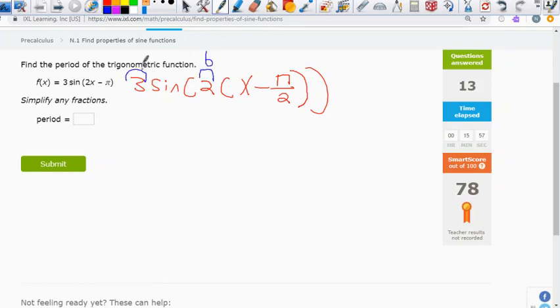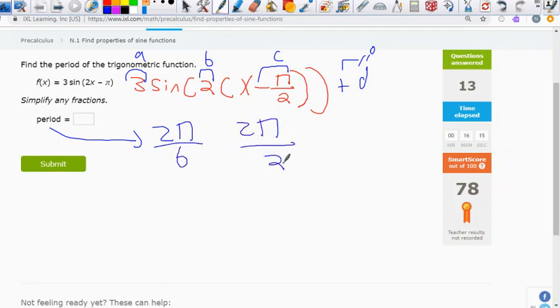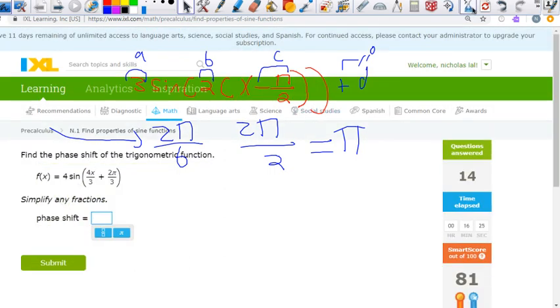This term is a. This term is c plus d, but d is equal to 0 in this case. But our period is always 2 pi over b. So here, our period is 2 pi over 2, which is just equal to pi. Excellent.